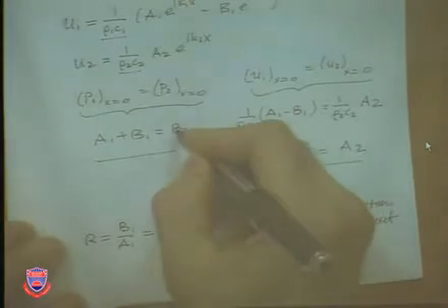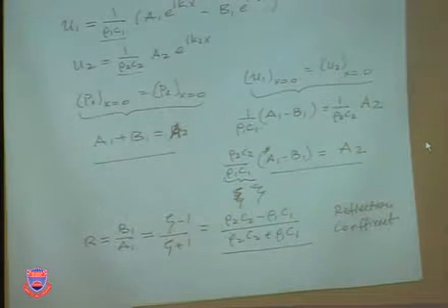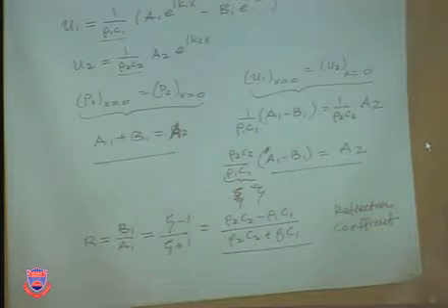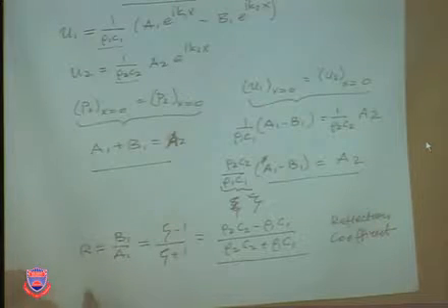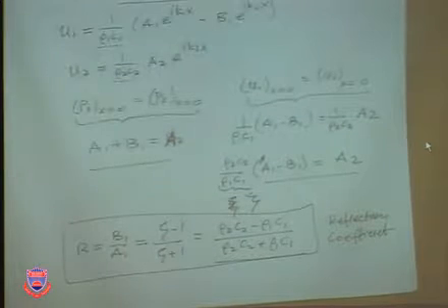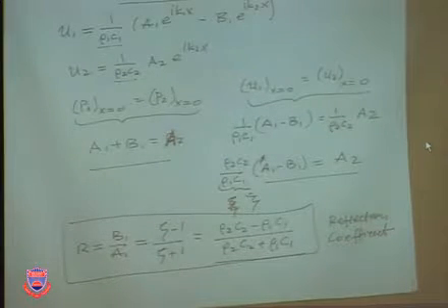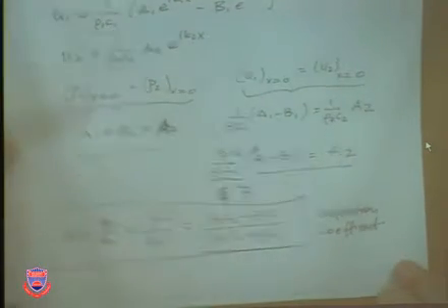No, this is A2. A1, B1, A2. Right, okay. Yeah, it didn't make sense. So this is the reflected wave and the transmitted wave.